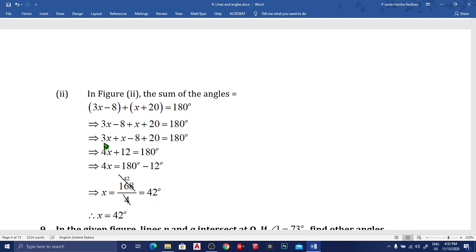So 3x plus 1x is 4x. Minus 8 plus 20 is 20 minus 8, which is 12, so plus 12 is equal to 180. Send this plus 12 to this side, it becomes minus 12. Okay, now it is 168. So x is equal to 168 by 4. So 4 4s are 16, 4 2s are 8, 42 degrees. So now x is equal to 42 degrees.